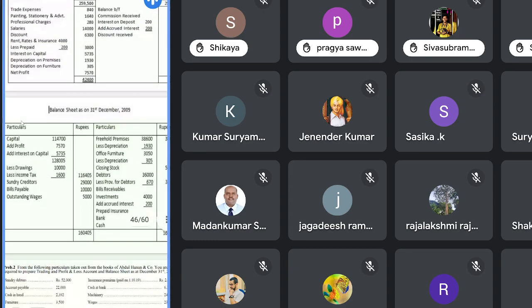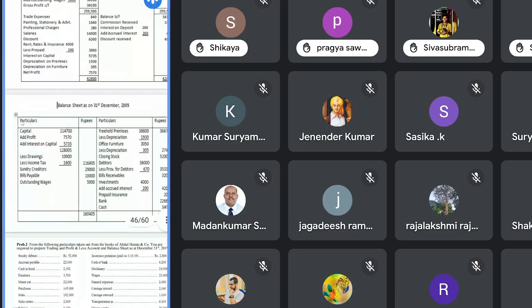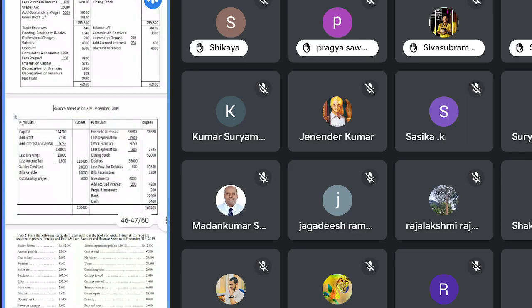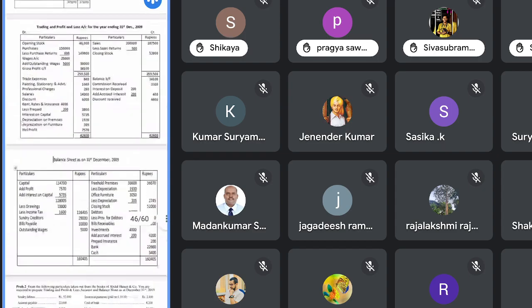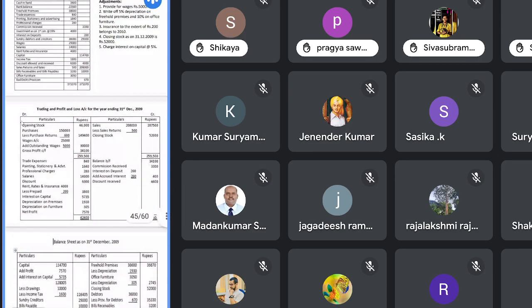Next, you have to prepare the balance sheet. In the balance sheet, you see, left hand side liabilities, right hand side assets. On the left hand side, if you are starting with capital, on the assets side you have to start with fixed assets, right? So here, capital, how much is given as capital?